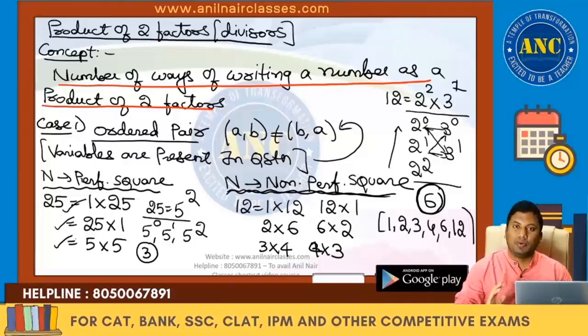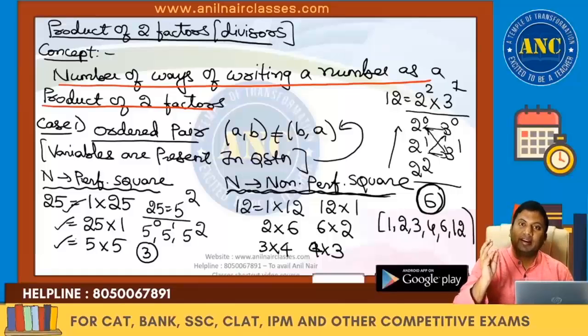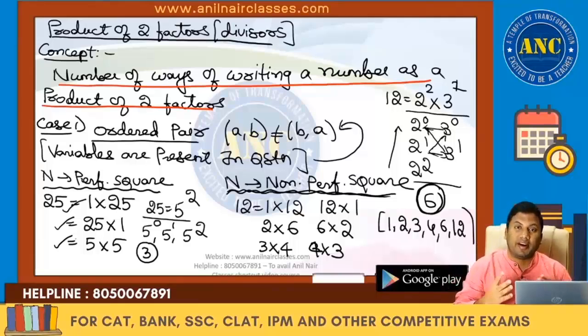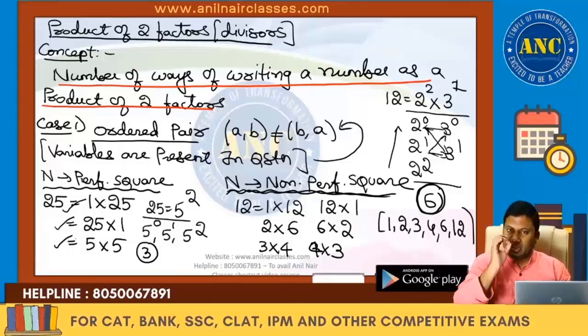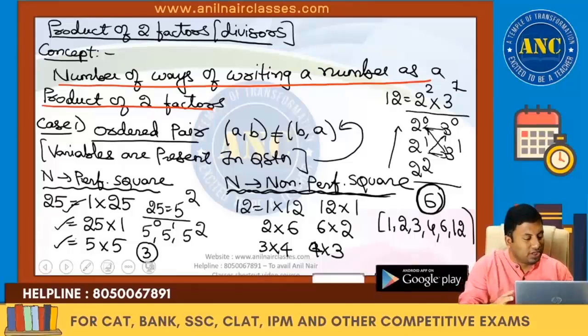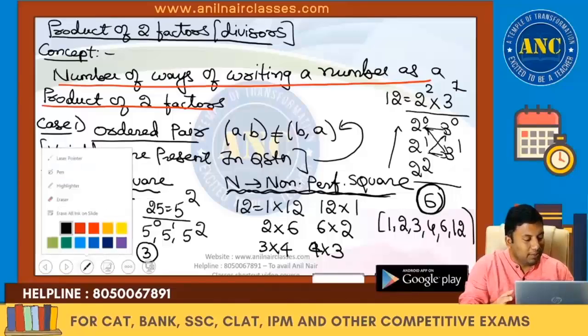For 12, the factors are 1, 2, 3, 4, 6, 12. Total 6 cases I got. Even for a non-perfect square, I got 6. Extremely important conclusion.